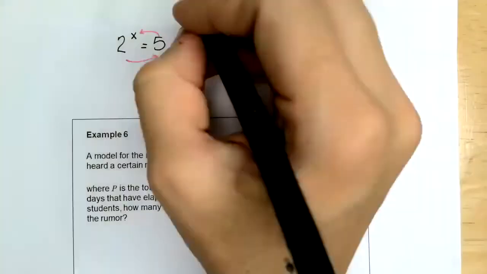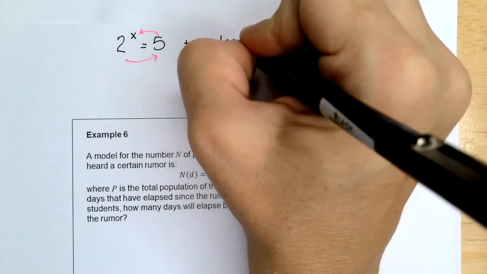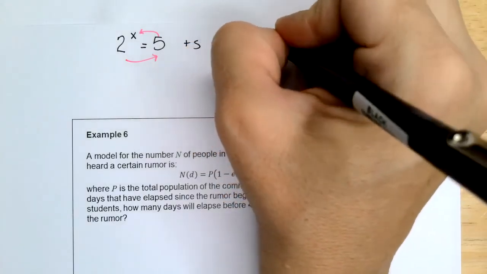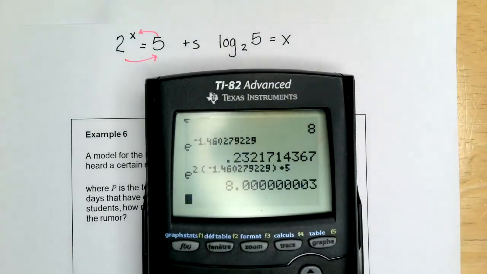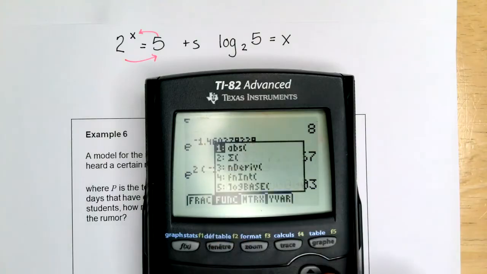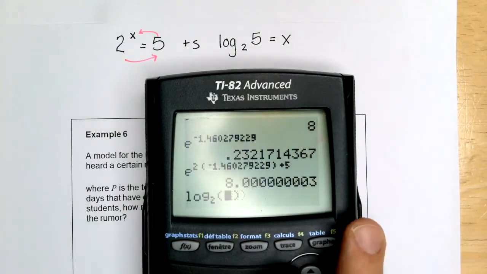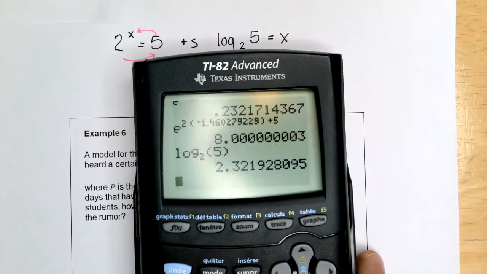So now I have log base 2 of 5, and I can just put that into a calculator. Log base 2 of 5 is 2.328095. Good.